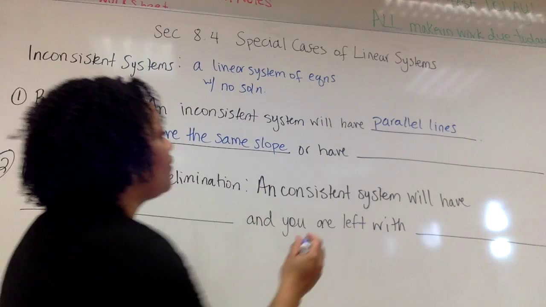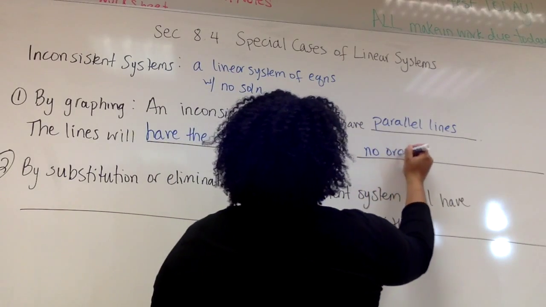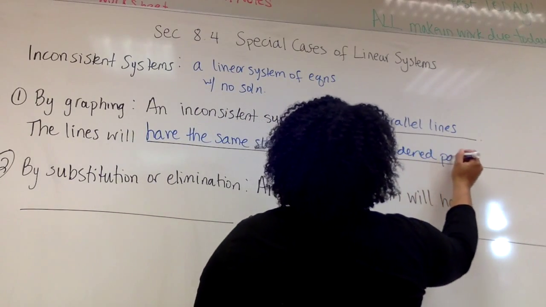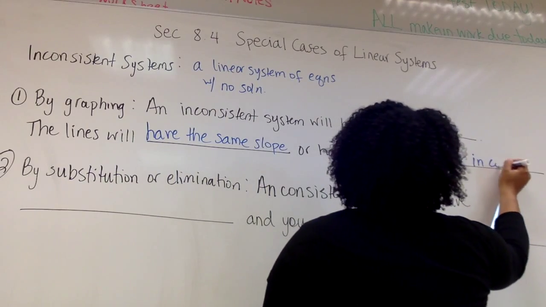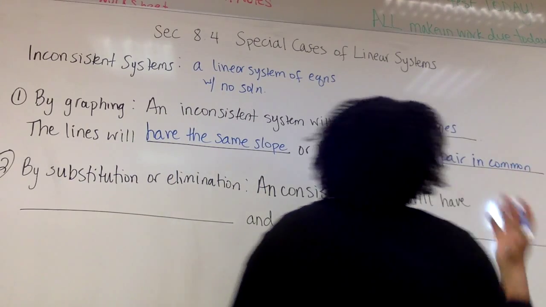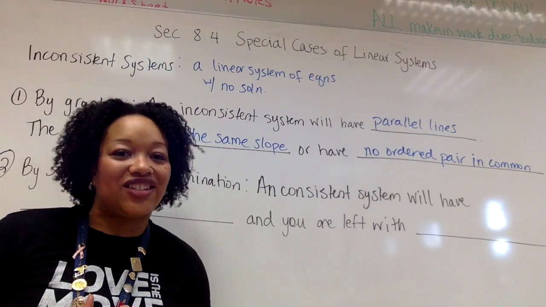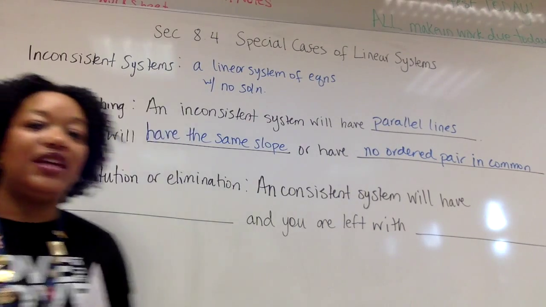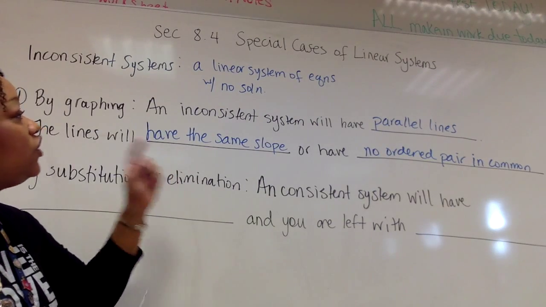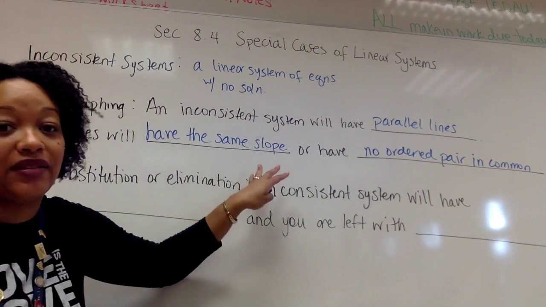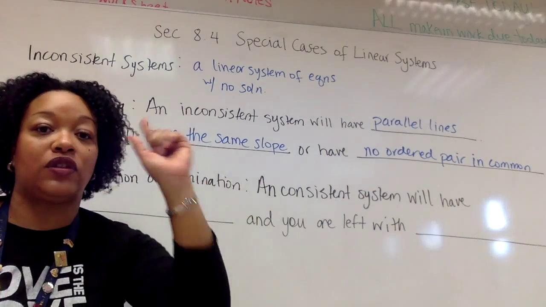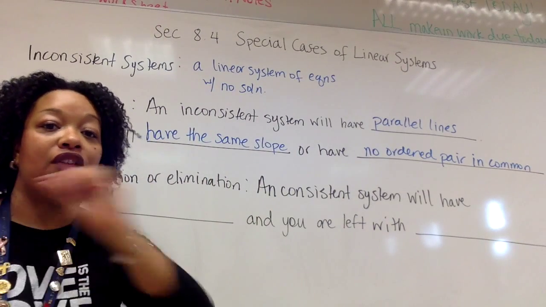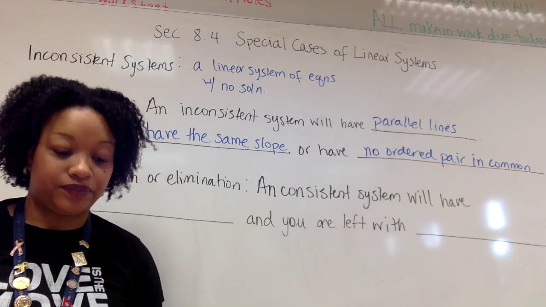Or they will have no ordered pair in common. Now that should make sense to you, because if there's no point of intersection, then there's not going to be an ordered pair in common. So you need to write this down, because when you graph and this happens, that means you have no solution. Your lines will be parallel and you will simply write no solution.